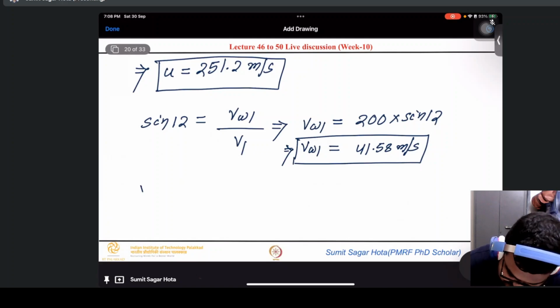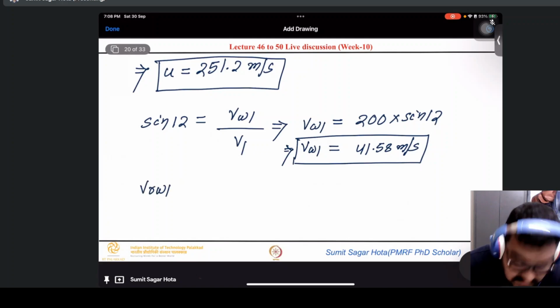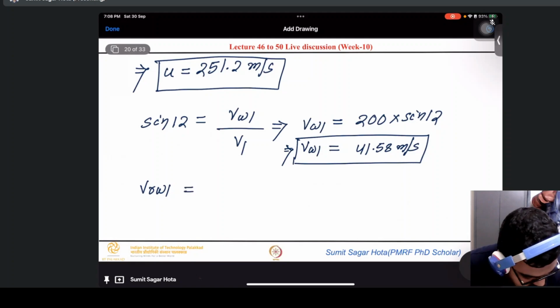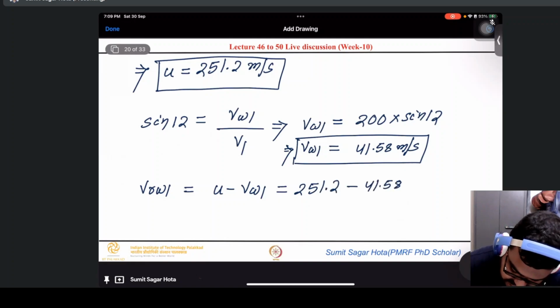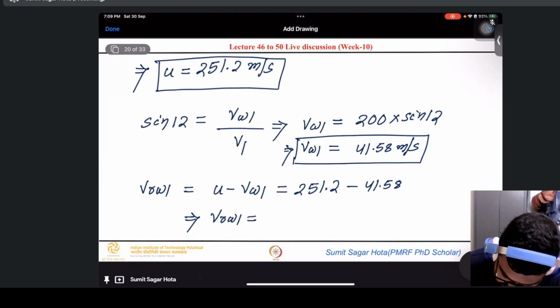So Vrw1 is equal to U minus Vw1. We found U as 251.2, minus 41.58, so Vrw1 equals 209.62 meters per second.